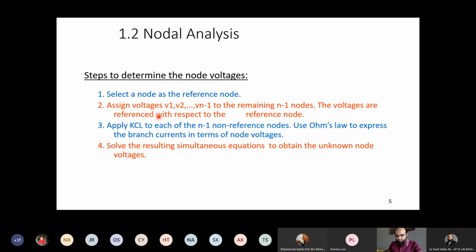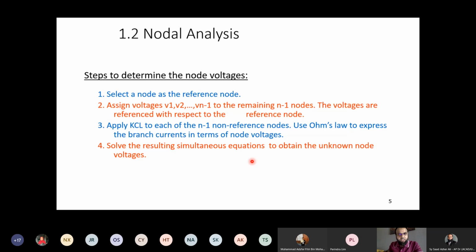The voltages are referenced with respect to the reference node. Apply KCL to each of the nodes. Use Ohm's law to express the branch currents in terms of node voltages. Solve the resulting simultaneous equations to obtain the unknown node voltages. This is the standard procedure, and we can do the details while doing the circuits.